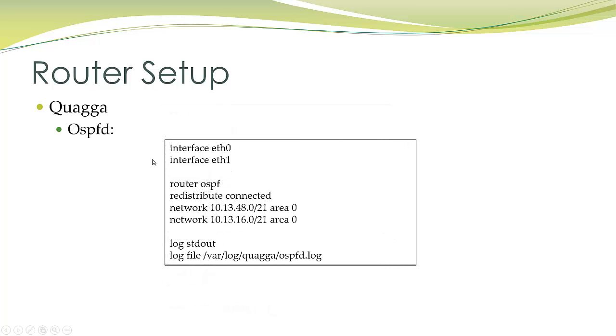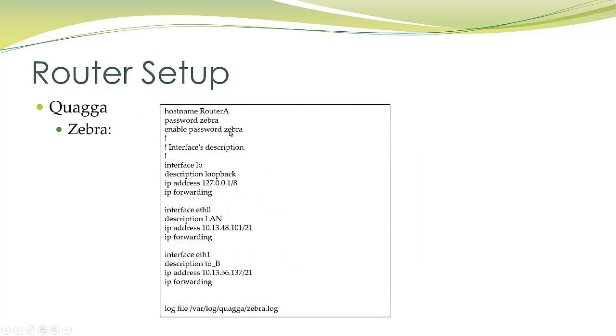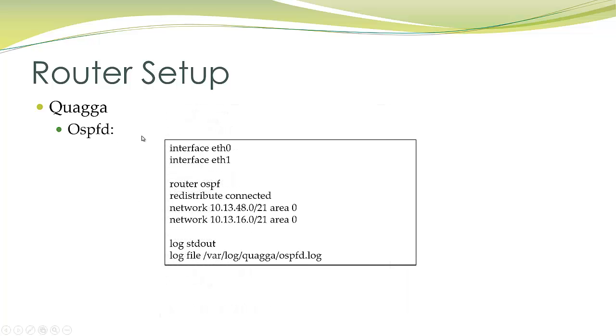Okay, this is Zebra, which specifies the basic interfaces we use in our setup, and OSPFD specifies the specific router setup for those interfaces. For example, we have interfaces eth0 and eth1, and these two interfaces are connected with the OSPF protocol.